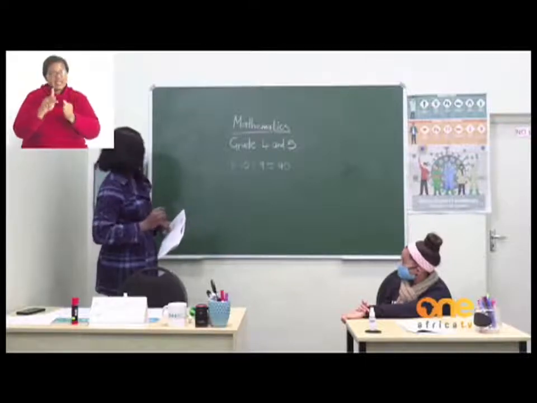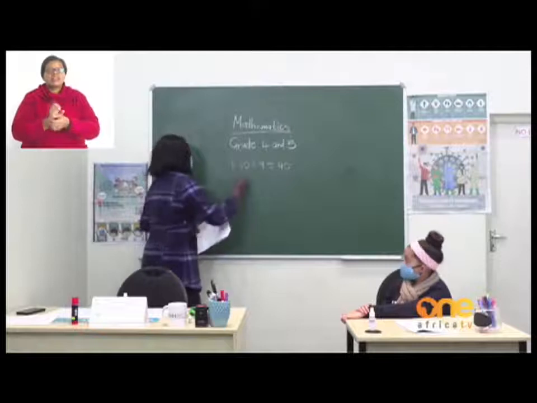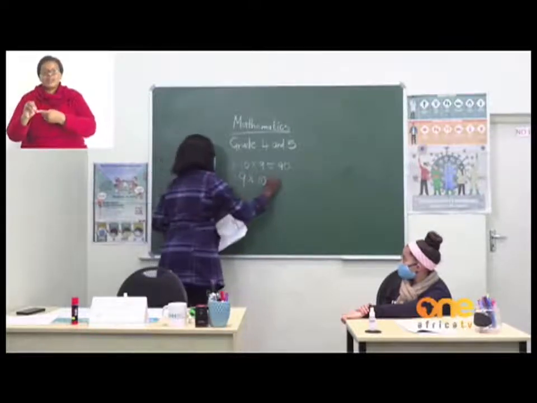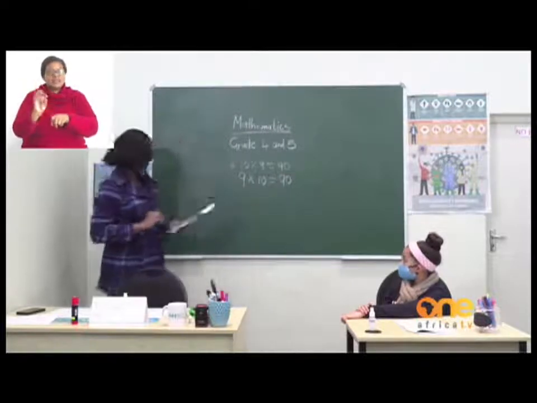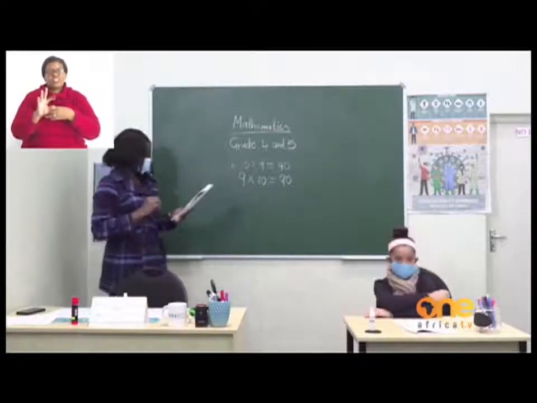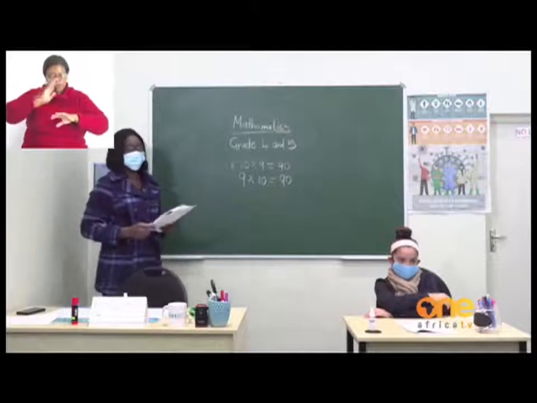But the product should stay the same. So when we are switching the number, we start with 9 times 10. And our product will stay the same. Boys and girls, we are done to apply commutative property of multiplication. Thank you. Stay tuned.